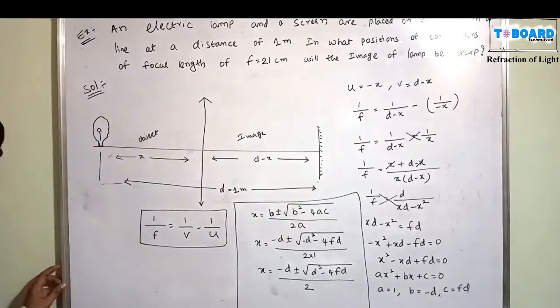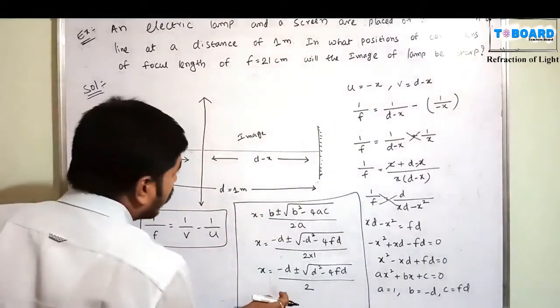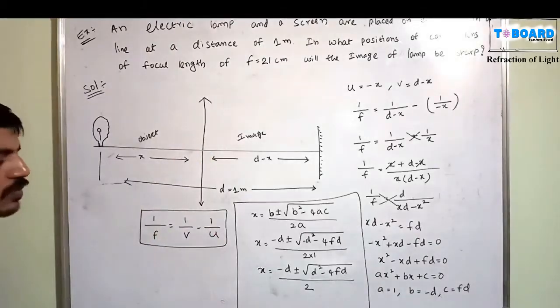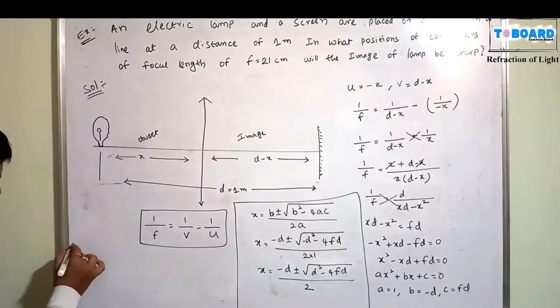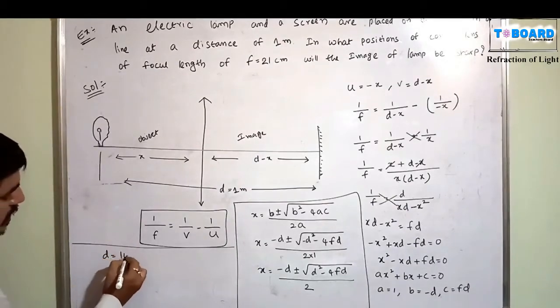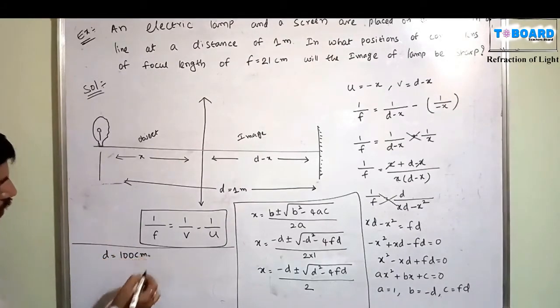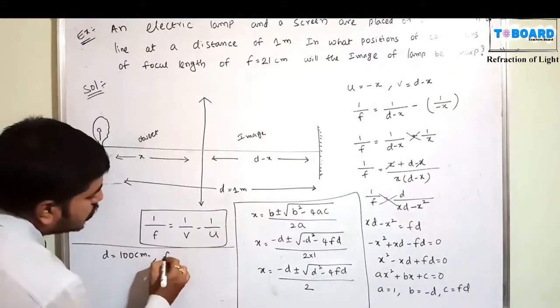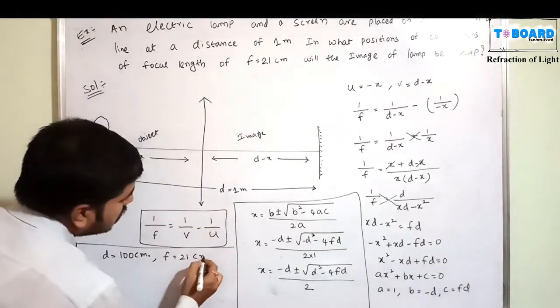In this equation I am going to substitute the values given in our question. The d is equal to 100 centimeters, correct? They gave it in meters, so I am going to convert it to centimeters. Then f is equal to 21 centimeters.